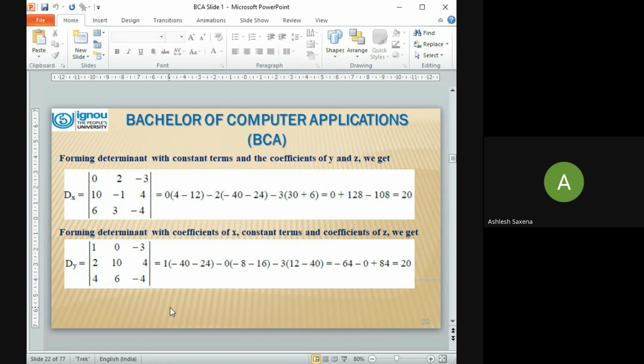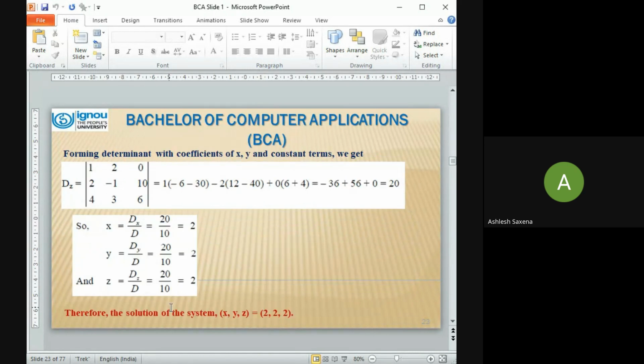Any number multiplied by 0 will be 0. Third one, replace this with 0, 10, 6. This is the complete solution of the problem.